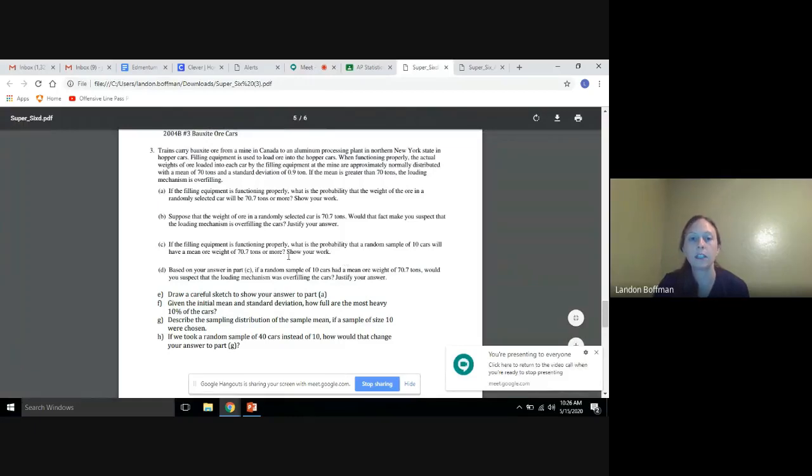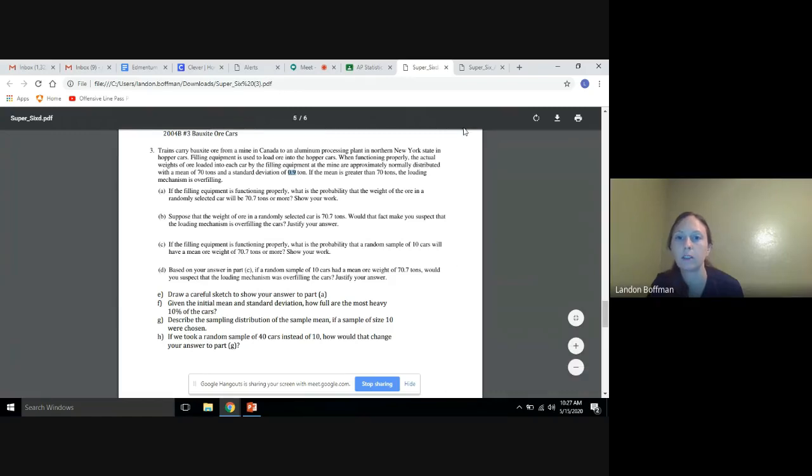So to show your work, you would say, okay, the mean of X bar equals 70 still, but the standard deviation of X bar would be the true standard deviation 0.9 divided by the square root of 10. Did anyone do that and get this?